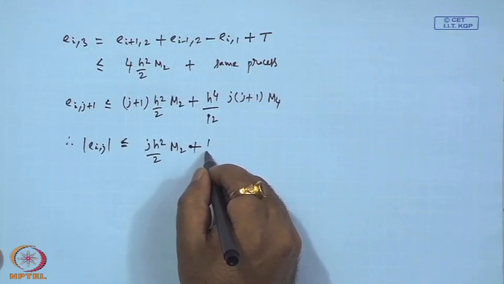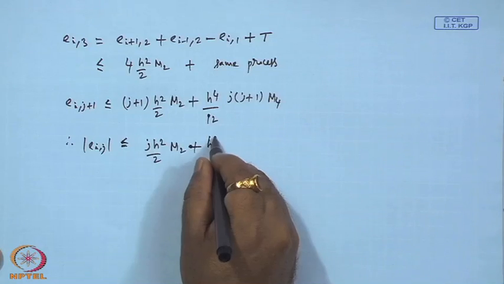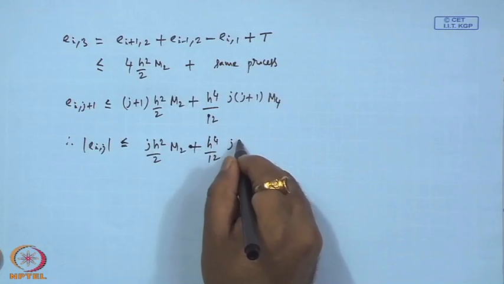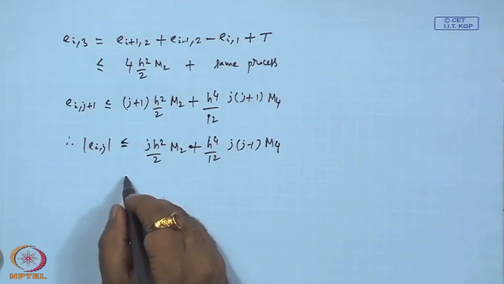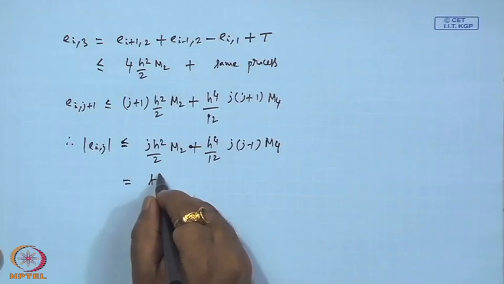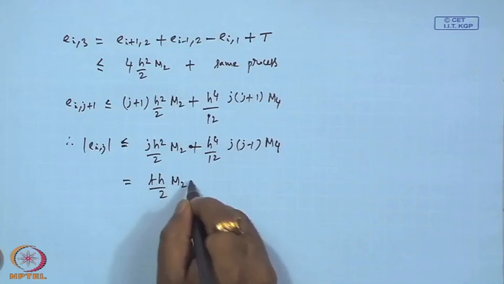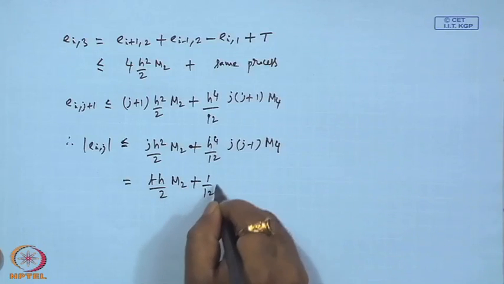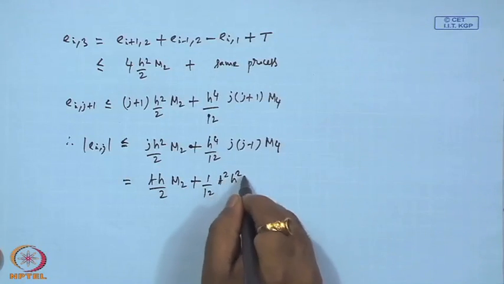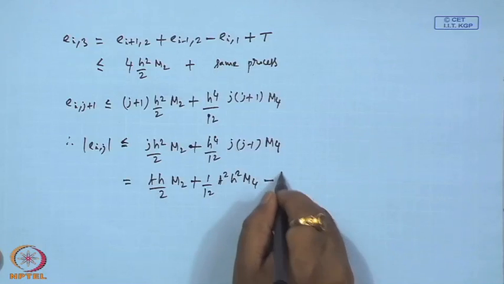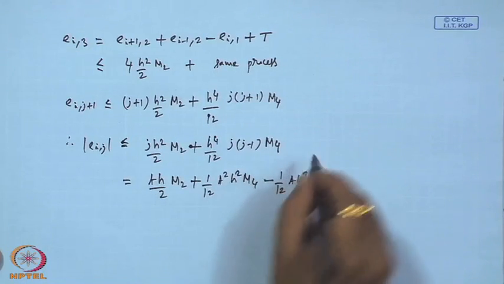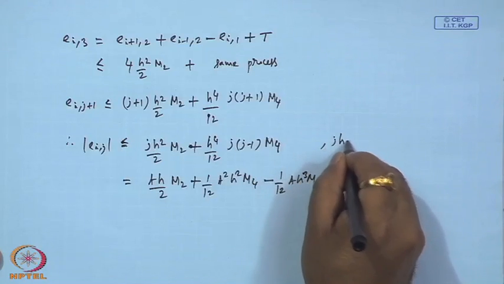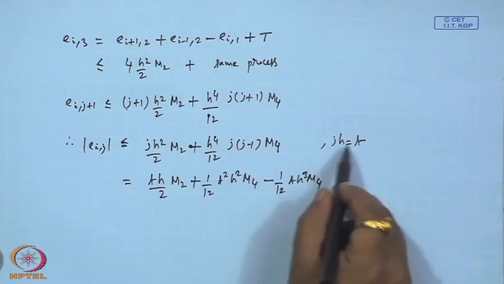plus, okay. So, this can be written because we have j h equals t, okay.